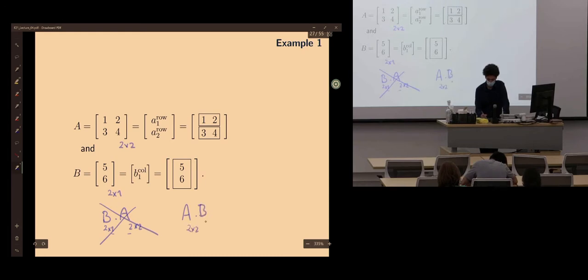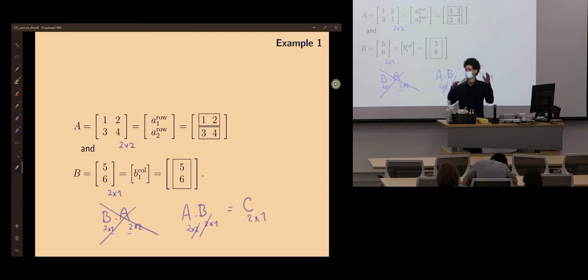2 by 2, 2 by 1. What do you expect to be the answer? Let's call it C. It'll be a 2 by 1, because whatever is in the middle, you just drop it.